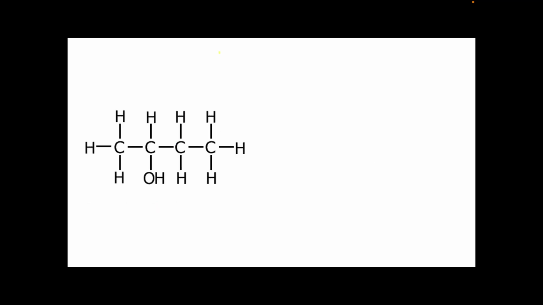Now, there are two possible products for the dehydration of this alcohol, and you can see that when it gets dehydrated, the OH is going to be removed from that carbon, and to make water you need another hydrogen. So the hydrogen could be removed from this carbon here.